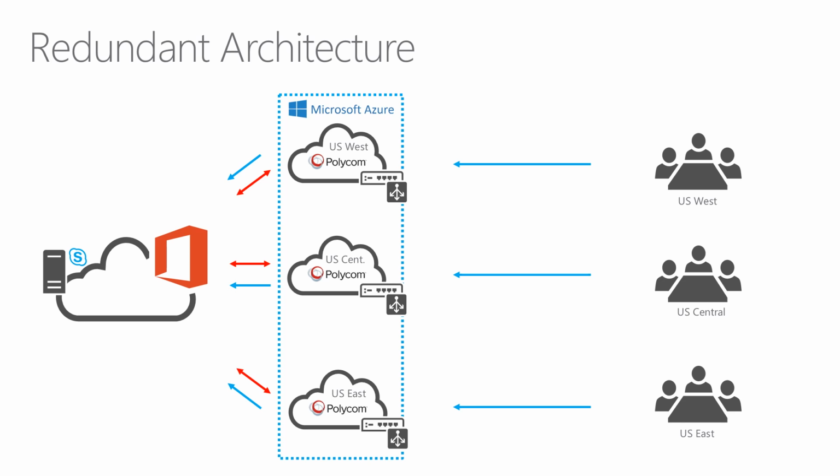So let's talk a little bit about the architecture. As I mentioned earlier, we have various instances available today within Microsoft Azure, and we're going to be expanding them over time. This is representative of what we have in the US, but as far as this example goes, it's also true for other regions as we roll out globally.